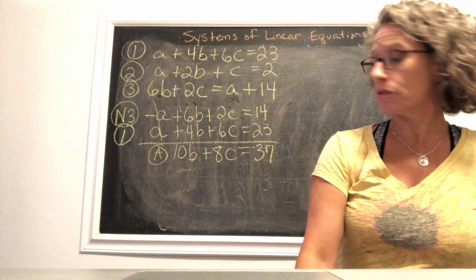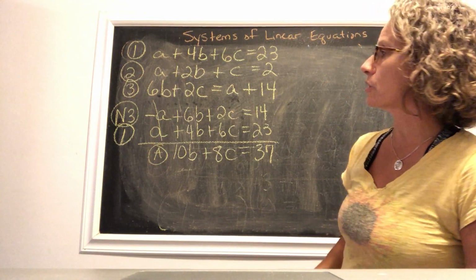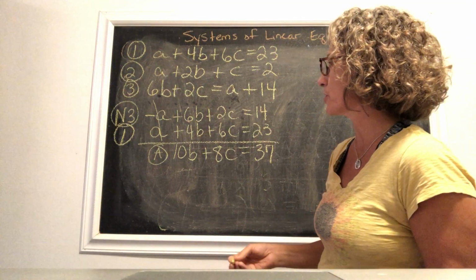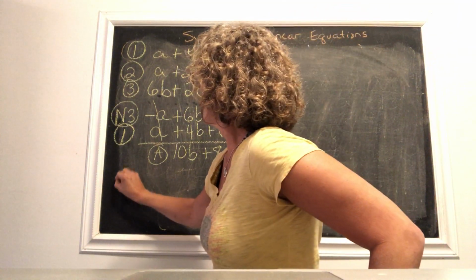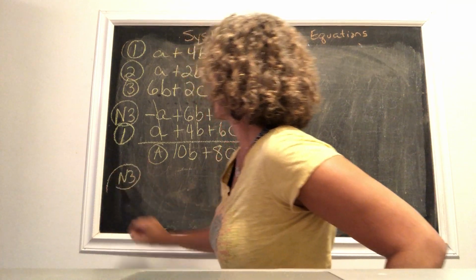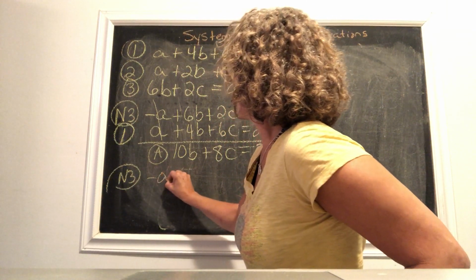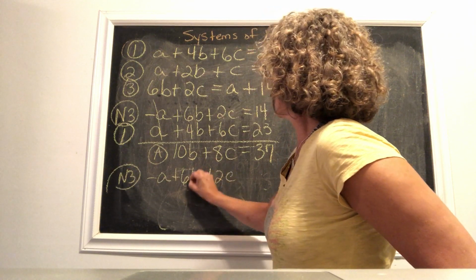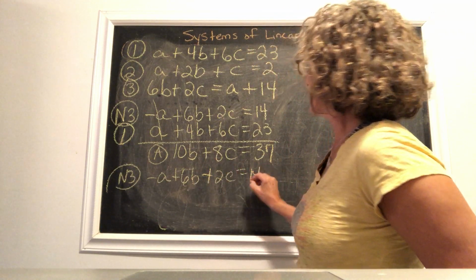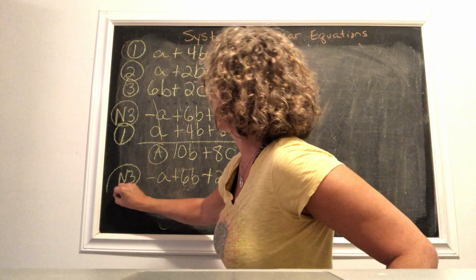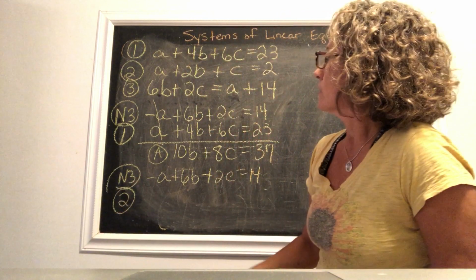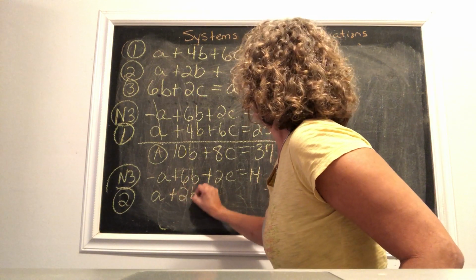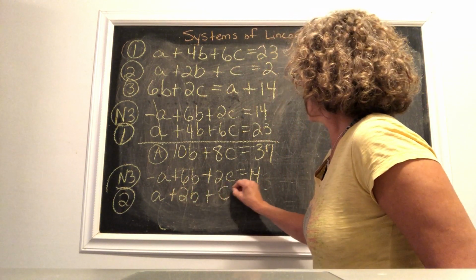Now I'm going to take the new 3 and combine it with equation 2, because remember you have to pick 2 different equations each time you do it. So, new 3, negative A plus 6B plus 2C equals 14 is going to combine now with equation 2, which is A plus 2B plus C equals 2.